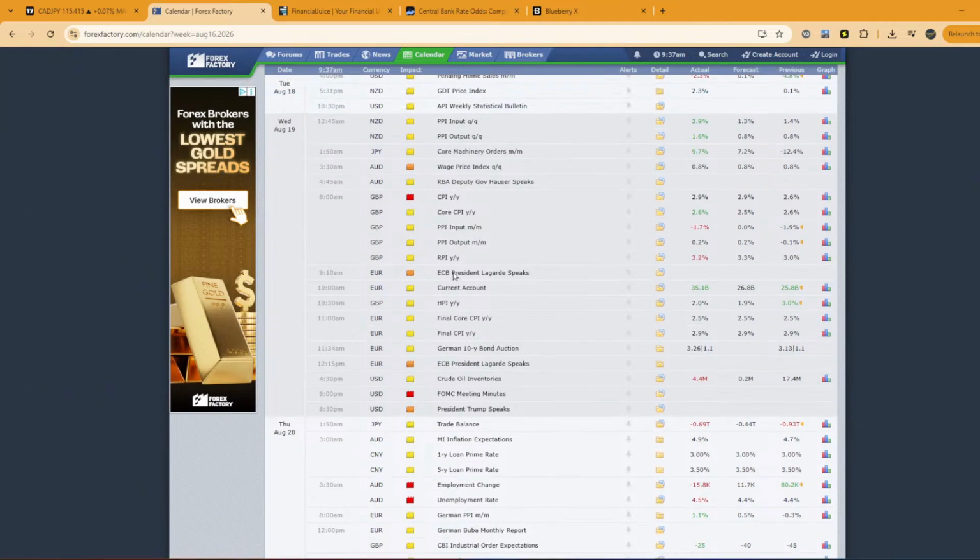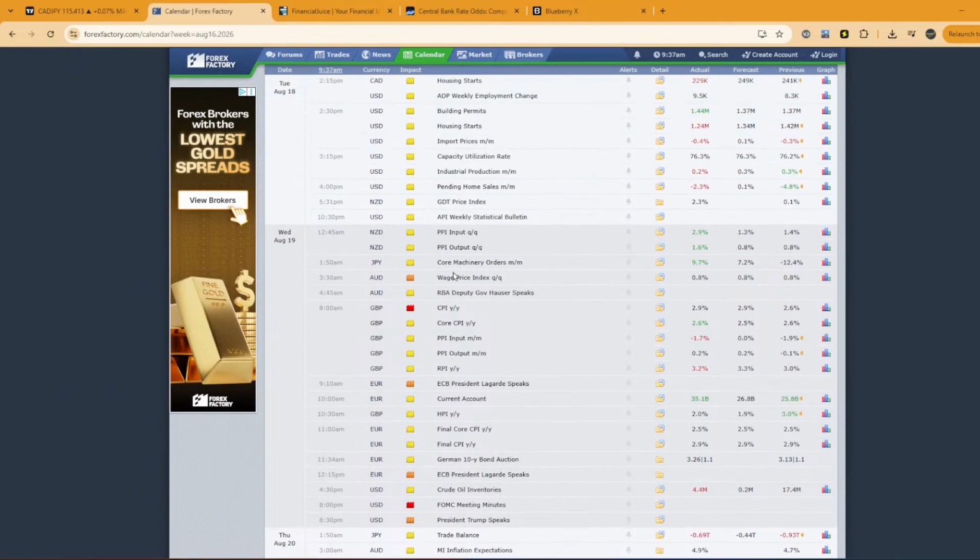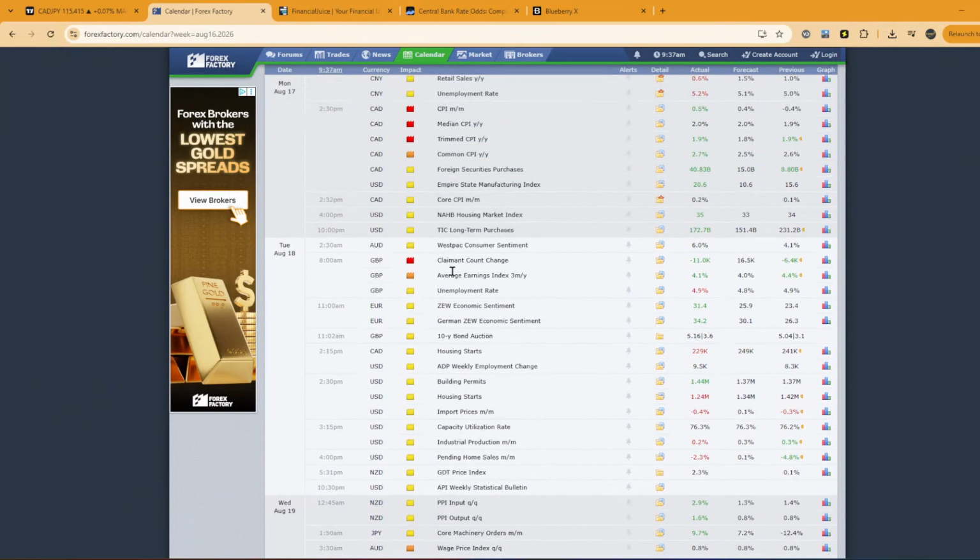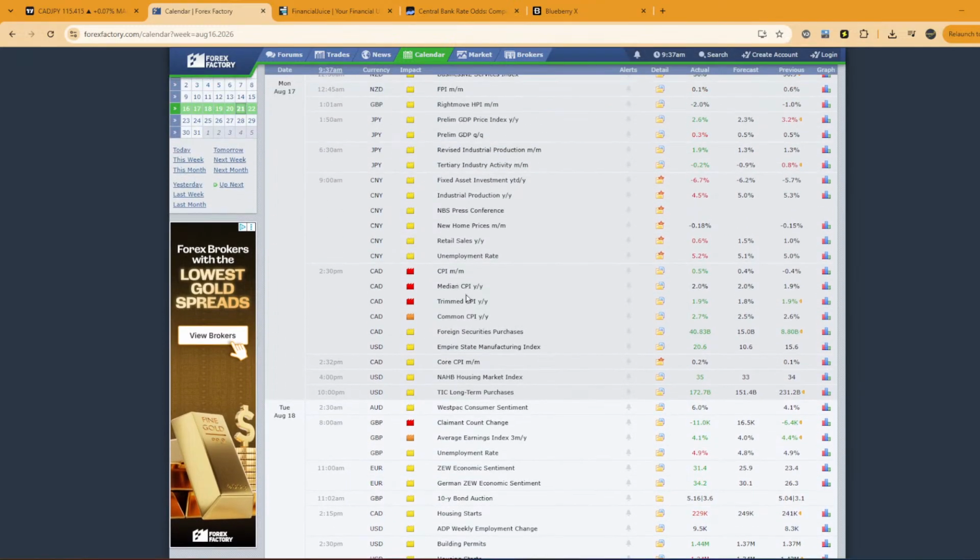Yes, we have strong inflation data, so more than expected. This is the main event on the Canadian dollar, which gave strength to the Canadian dollar. We got a strong print, strong inflation data. You see, more than expected.